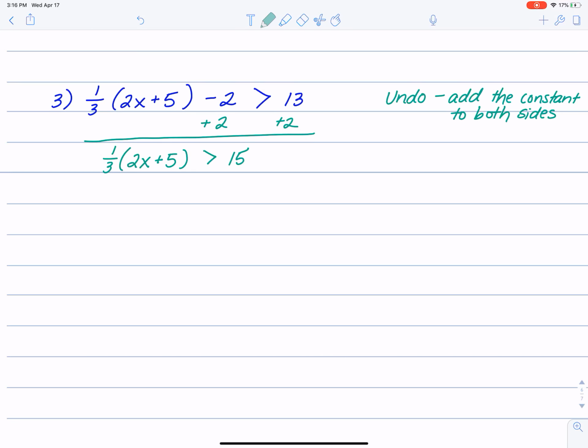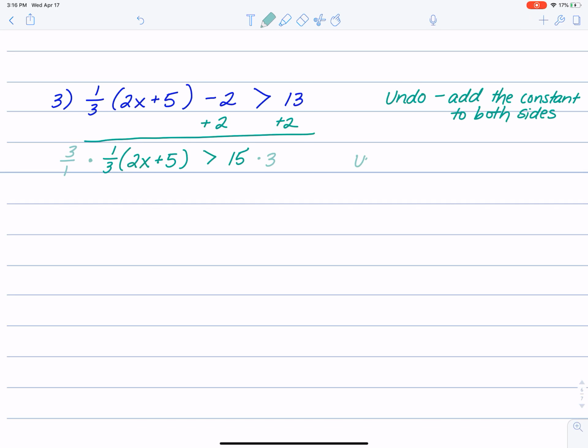Our next step is to get rid of that a value, or the coefficient on the outside. This guy, the 1/3 over here. We do that by multiplying by the reciprocal. Sorry, excuse me. We could also call this just multiplying by a common value. You know, it's the opposite of 1/3, obviously, but we could also call it that. So we're going to multiply by 3 to both sides.